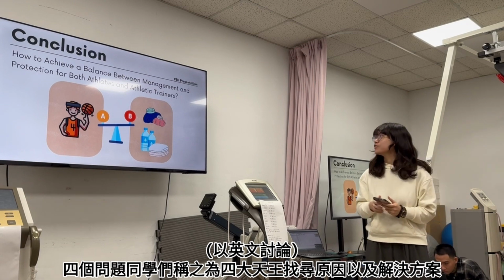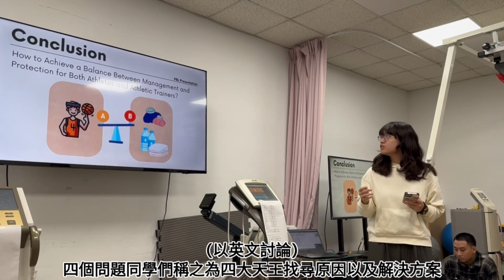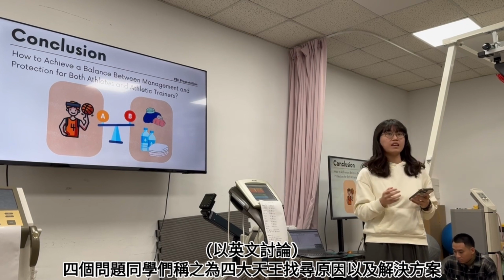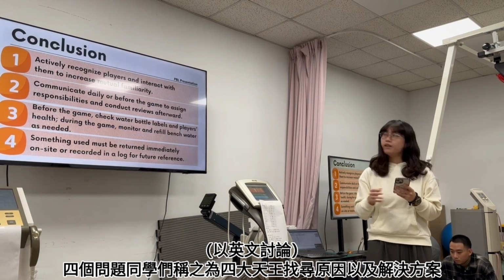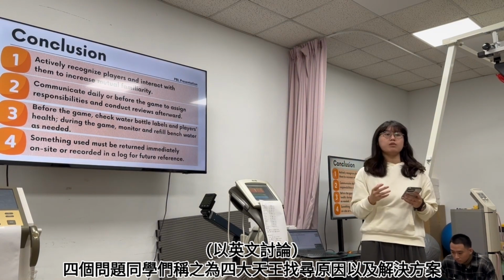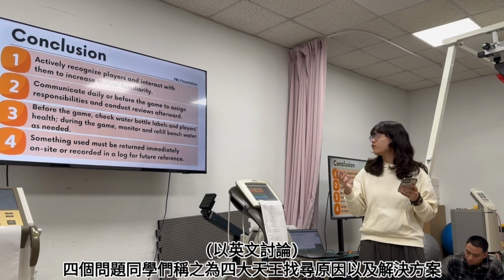So how to achieve a balance between management and protection for both the team and trainers? First, actively recognize players and interact with them to become more familiar.